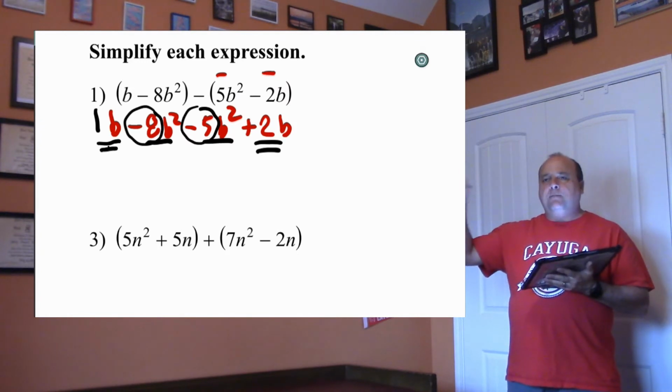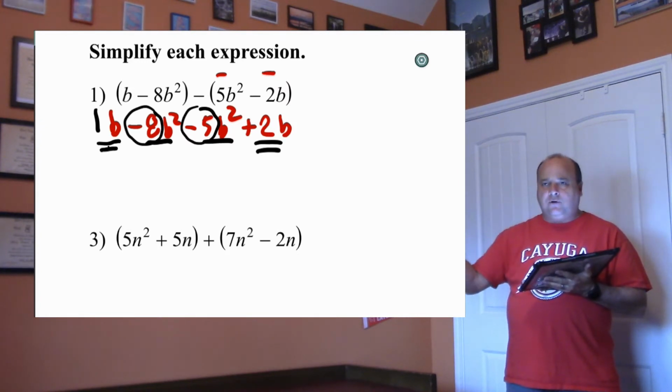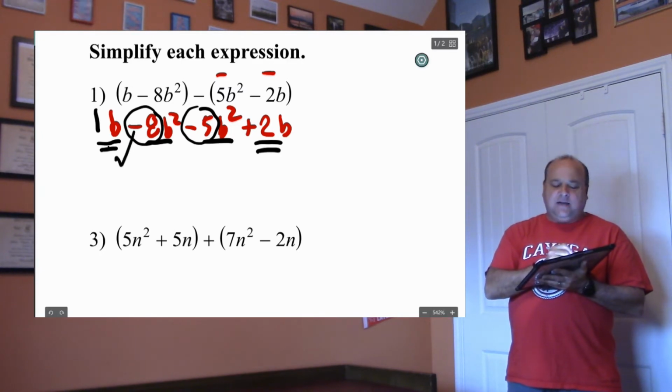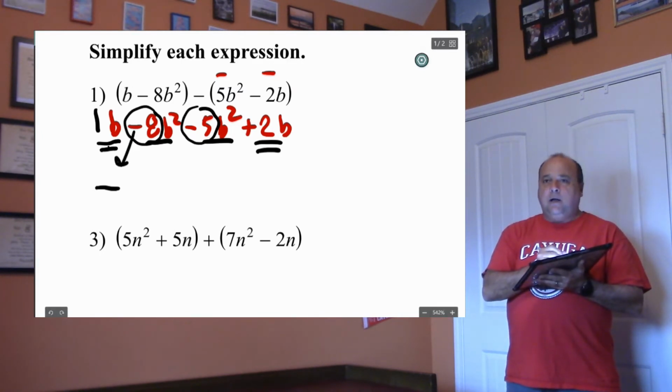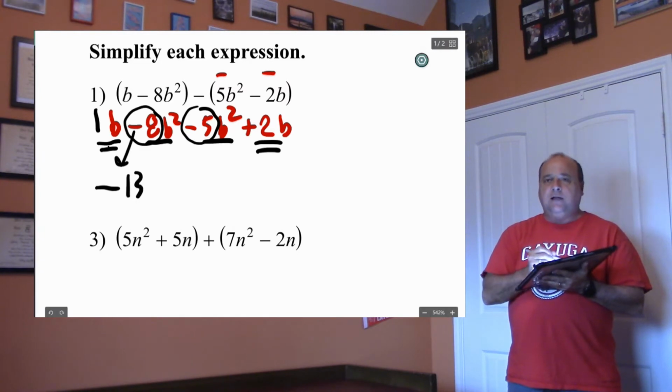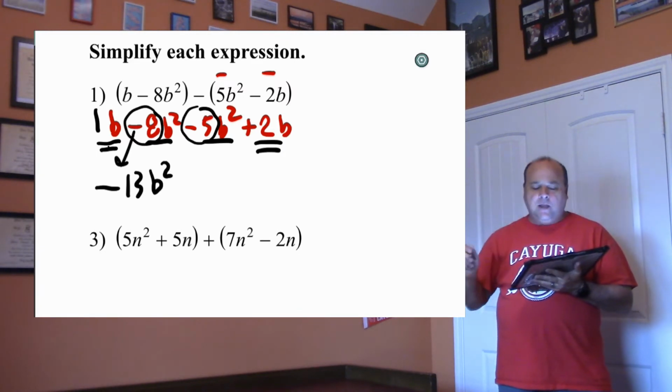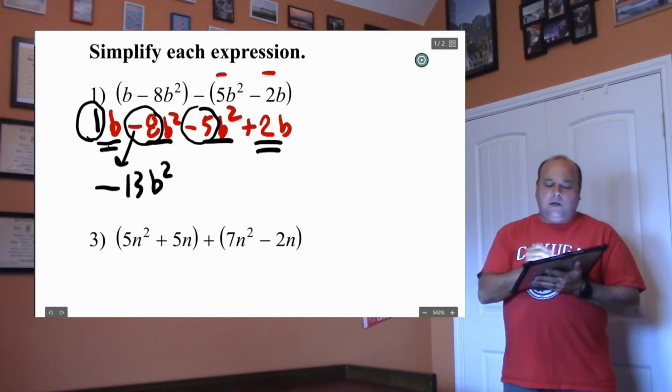So negative 8 minus 5 is going to be a negative 13. You got more 8s than 5s, the sign in front of the 8 is the negative, and you're going to add them up because the sign is the same: 13. The letter's b, the exponent's 2. Sign, number, letter, exponent. Then look at the b's. You have a 1 and a 2.